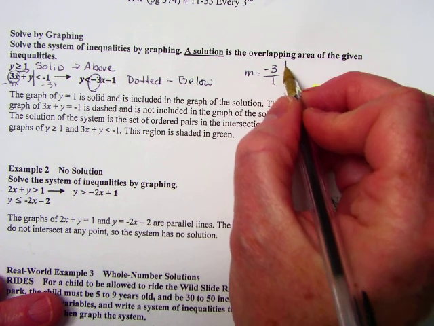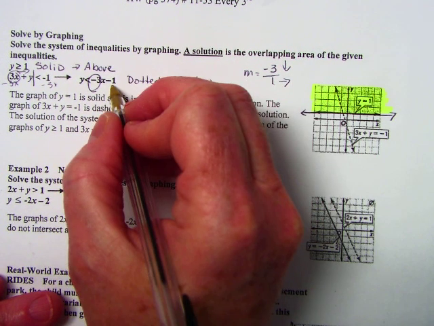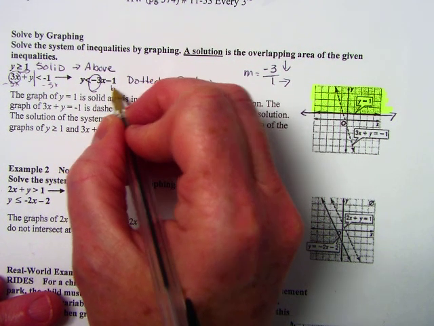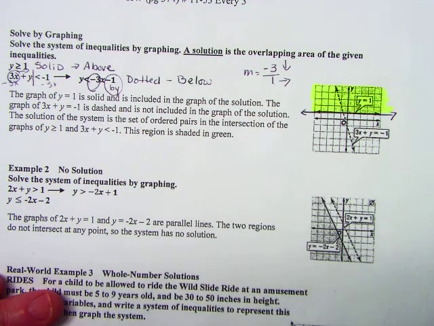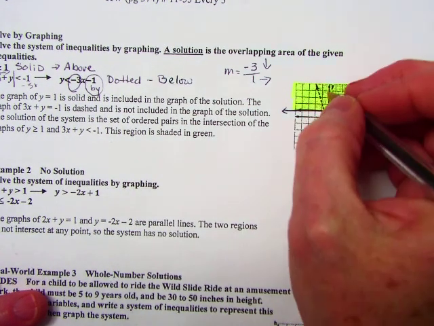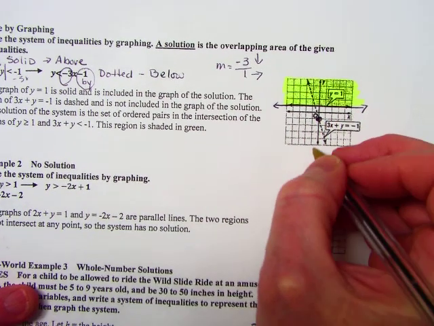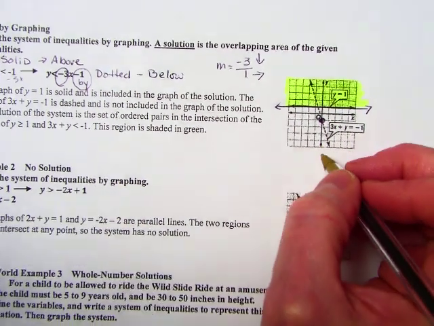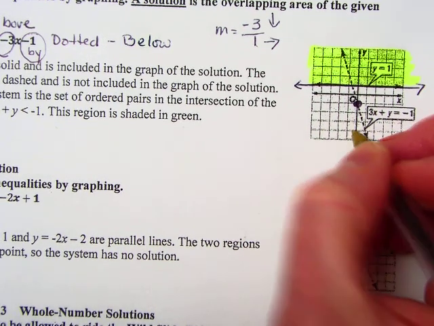So this means you're going to go down 3 spaces and to the right 1. My begin point is always on the y-axis, and it says it's at -1. So I'm going to go to my graph. I'm going to find where there's a -1. I'm going to apply my slope, which says I should go down 3 spaces, 1, 2, 3, and to the right 1.